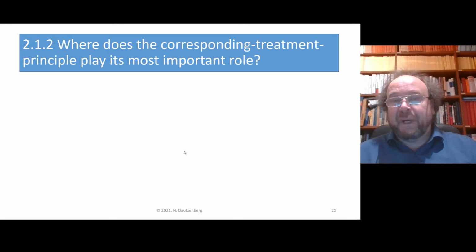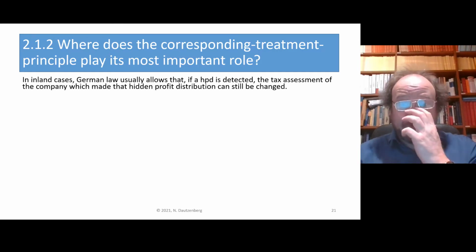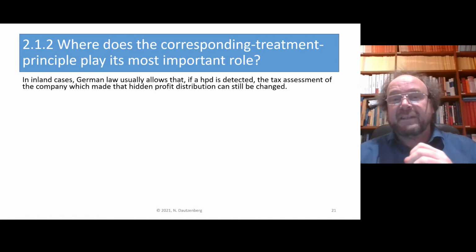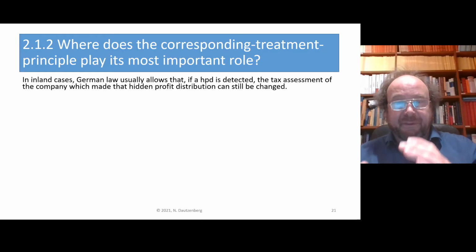Where is that corresponding treatment principle most important? Well, usually in domestic cases, German law says that when a time limit, for example for the assessment of the GmbH, is over, we nevertheless permit correcting it if a hidden profit distribution is found during the assessment of a shareholder, so that the two tax assessments can be brought in line with each other.